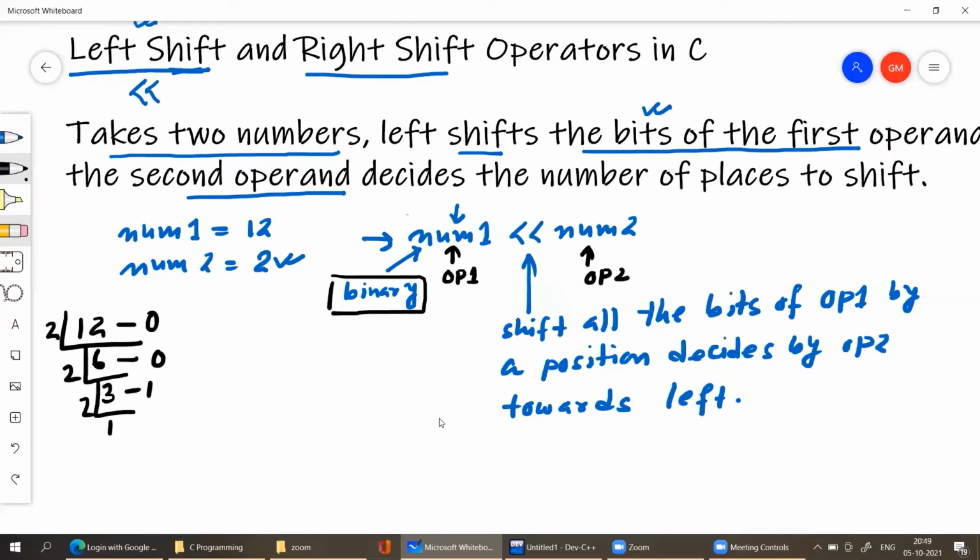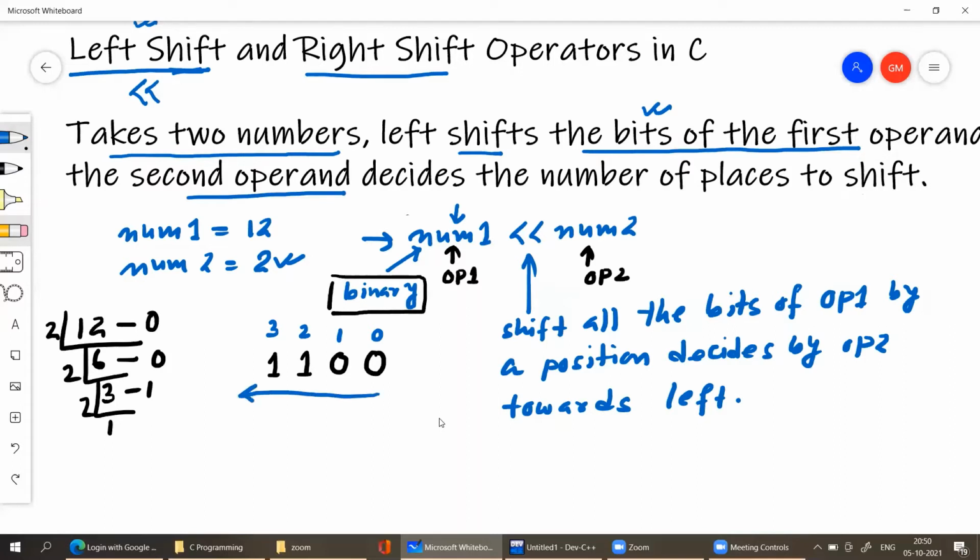Let's place the number here and put their positions. Now shift all these bits by 2 positions towards the left.